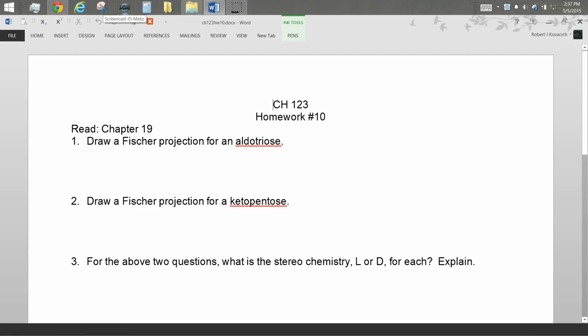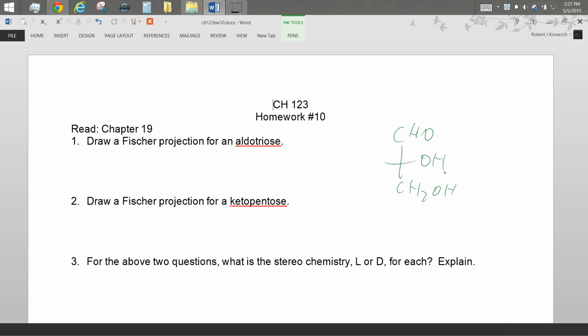All right, so what do we need for this first Fischer projection? Does that look good? Which version do I have written up here?